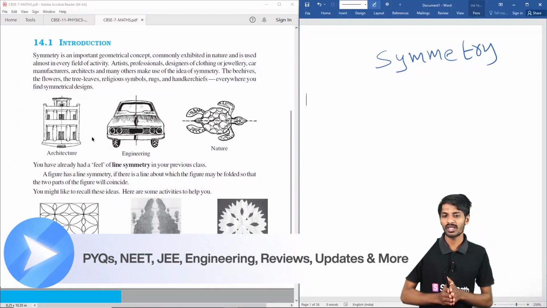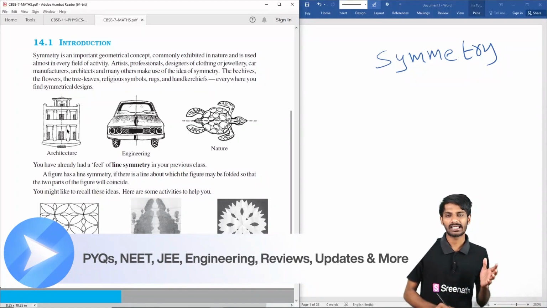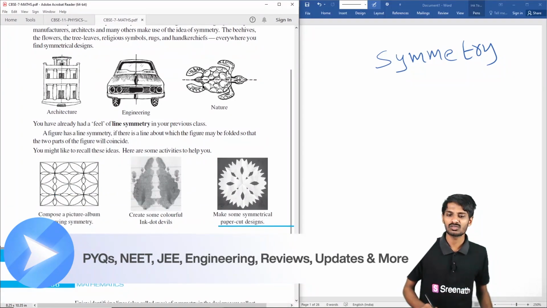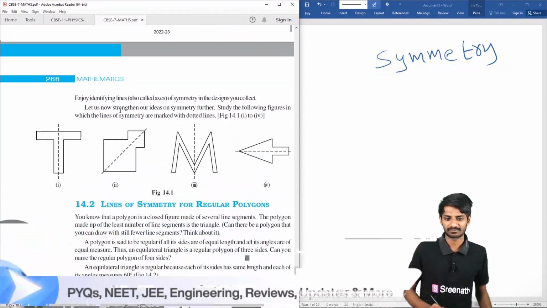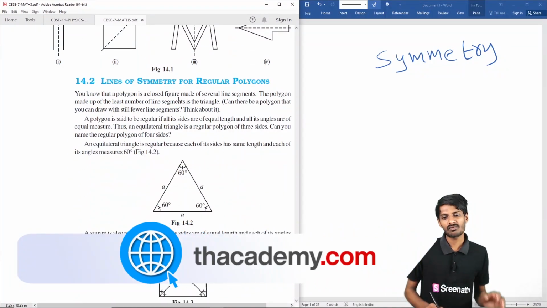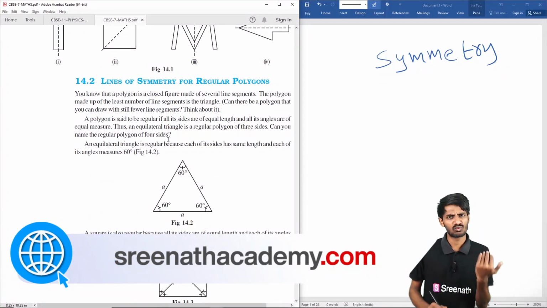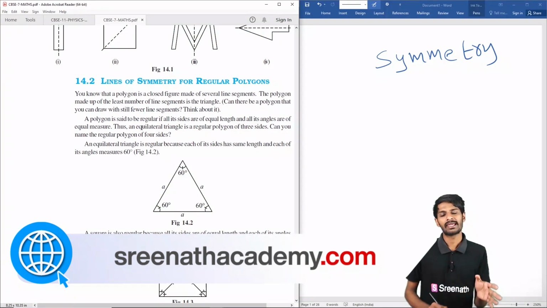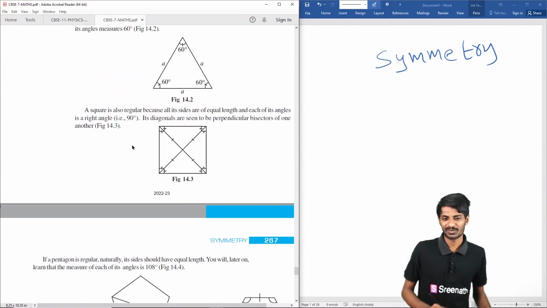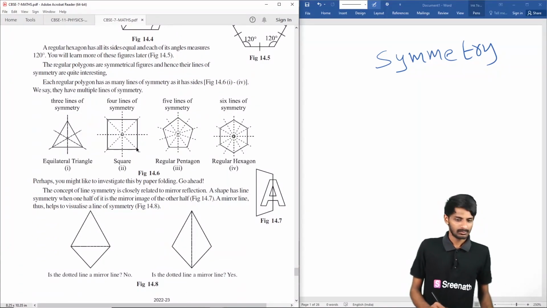In architecture, in engineering, and in nature also there is a lot of symmetry. And lines of symmetry for regular polygons. What is meant by line symmetry, what is meant by regular polygons, and the line symmetry for regular polygons? We are going to discuss deeply about that.